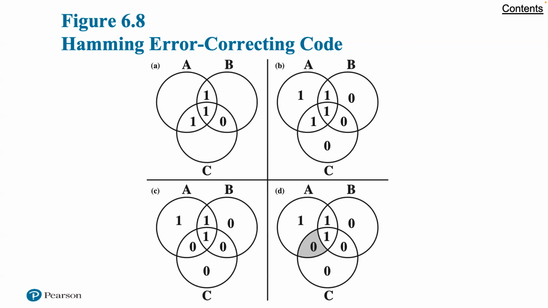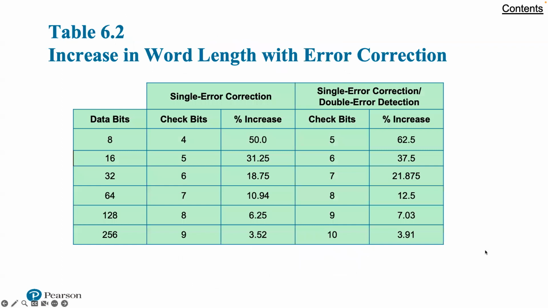By checking the parity bits, discrepancies are found in circle A and circle C, but not in circle B. Only one of the 7 compartments is in A and C, but not B. The error can therefore be corrected by changing that bit. So that's the process of a Hamming code with a single bit correction.